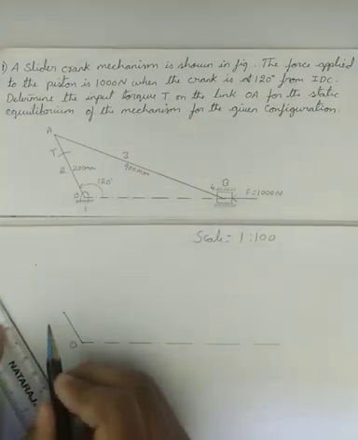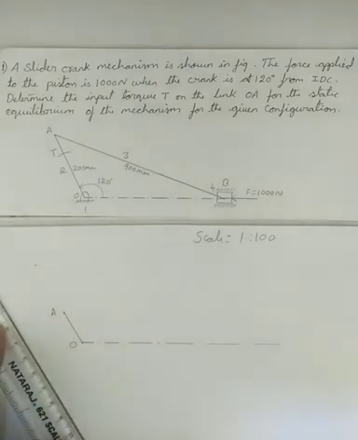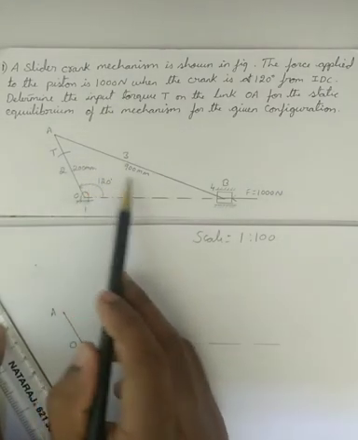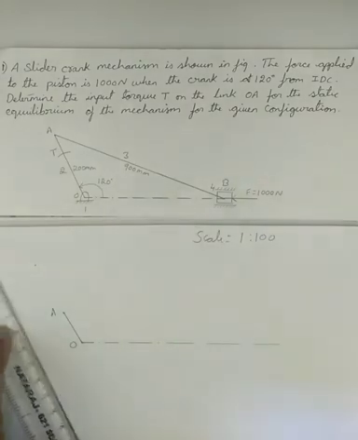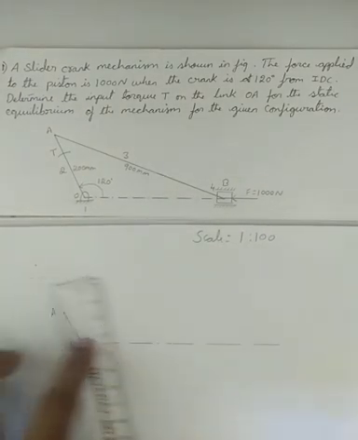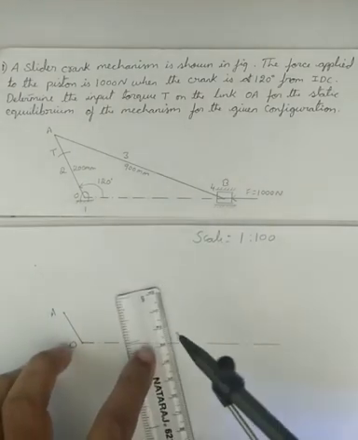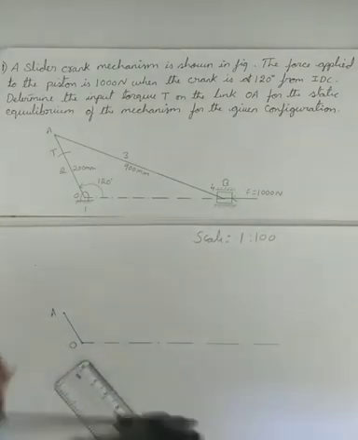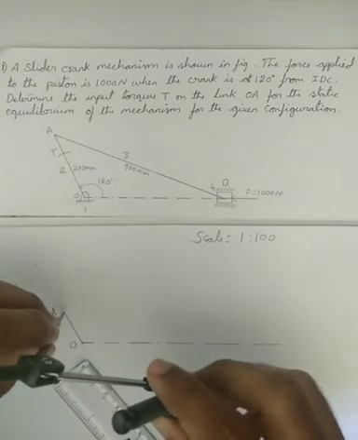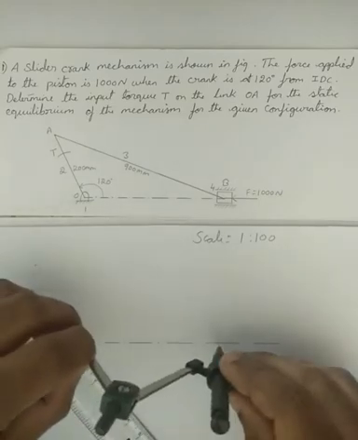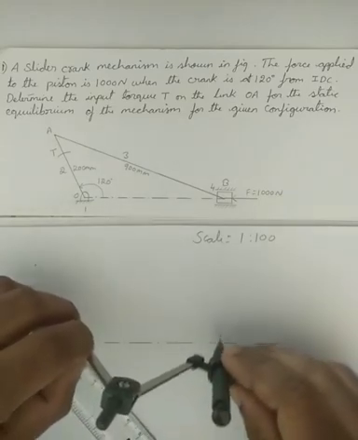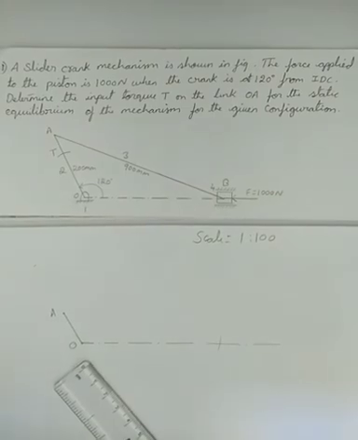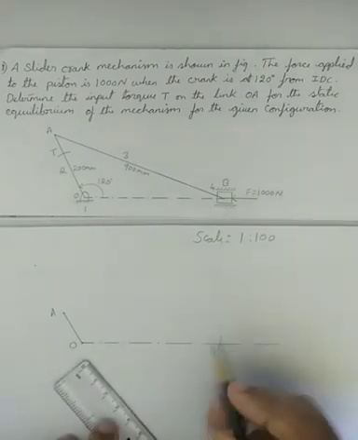So that is the point A. Now they have given 900 mm. So 1:100 means it is 9 cm. So I will take the compass, already fixed to 9 cm, and make an arc for 9 cm.